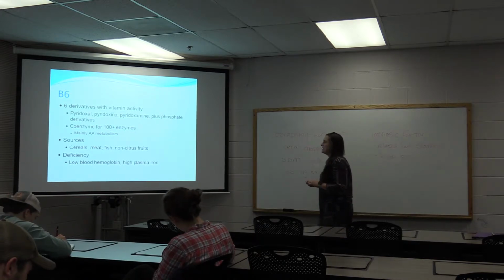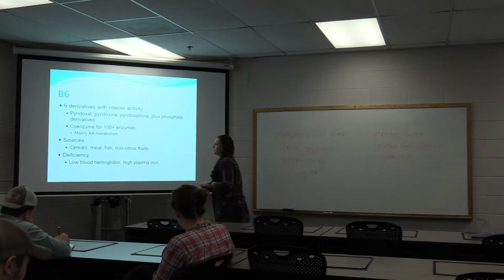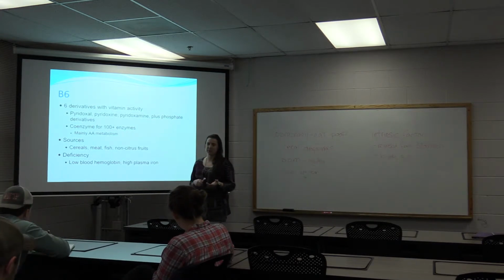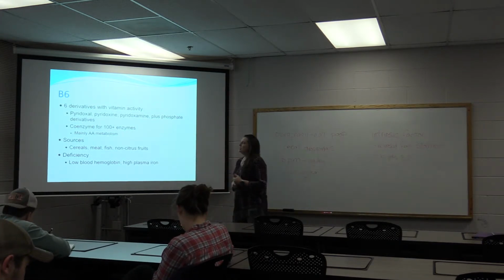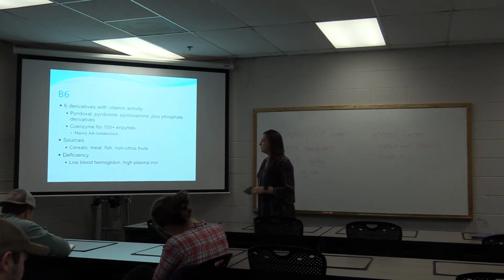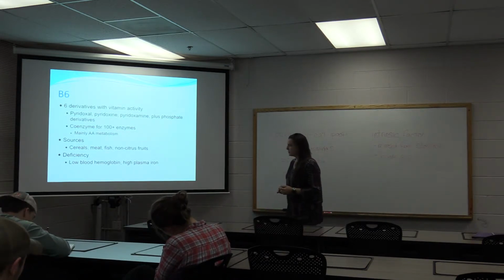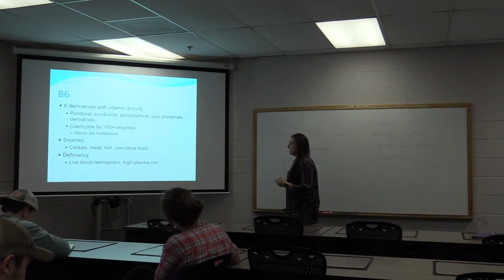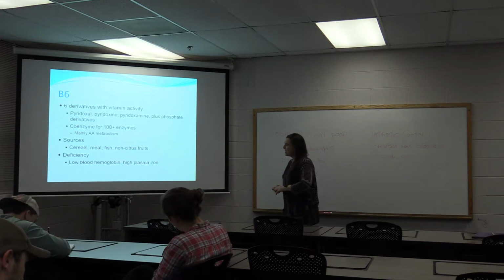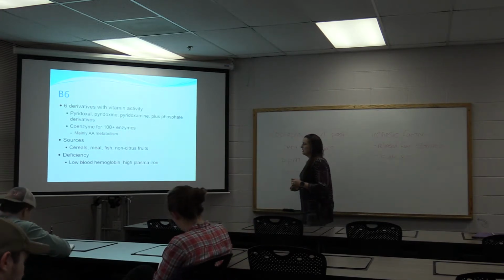It's a coenzyme for over 100 different enzymes, and the majority of those enzymes are involved in amino acid metabolism. So any amino acid that you're breaking down for gluconeogenesis or ketogenesis, you need B6 for. You find this in your cereal grains, meat, fish, non-citrus fruits.